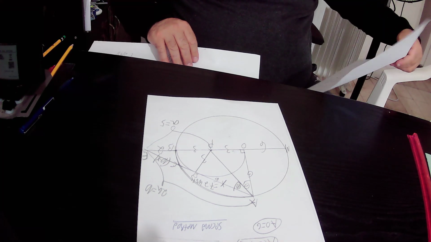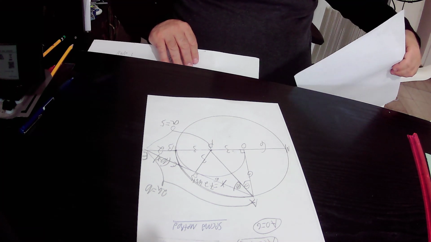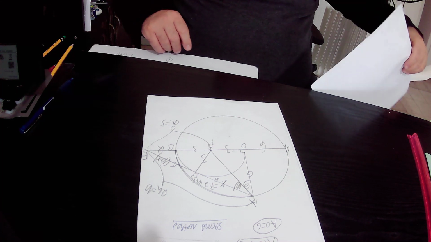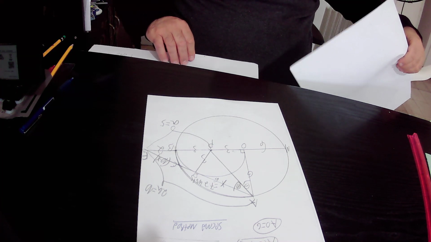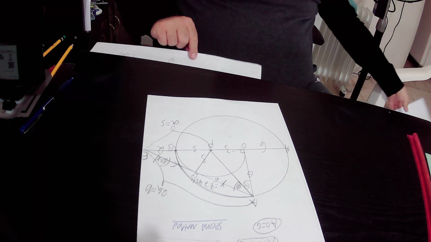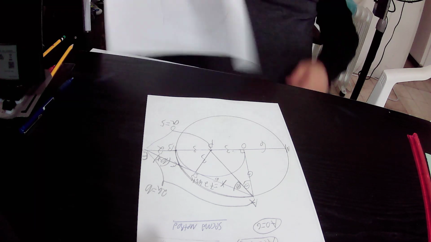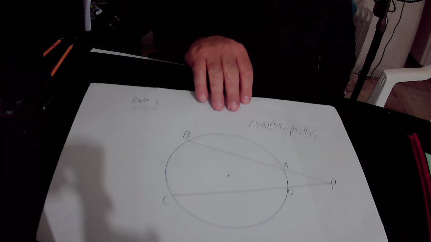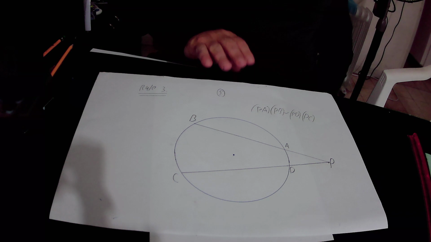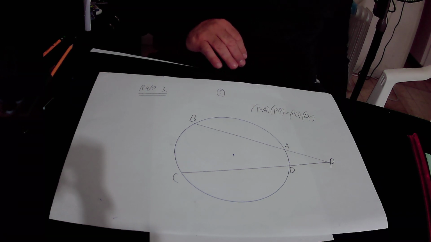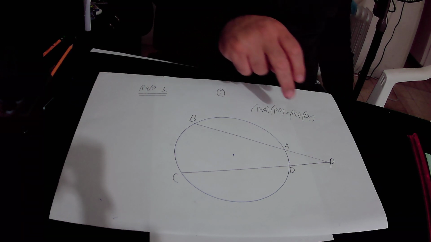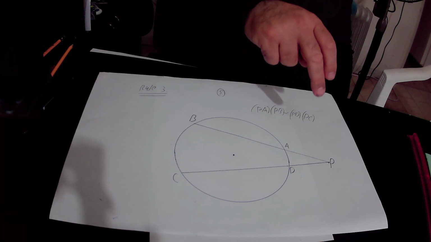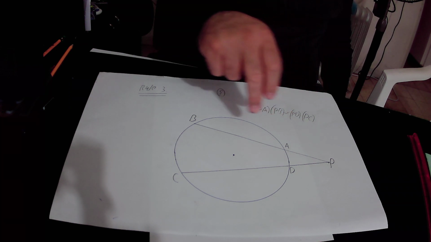Then I presented to you a new rule that is actually rule number 3. If we have this circle, and from the external point P, we draw 2 chords to this circle.